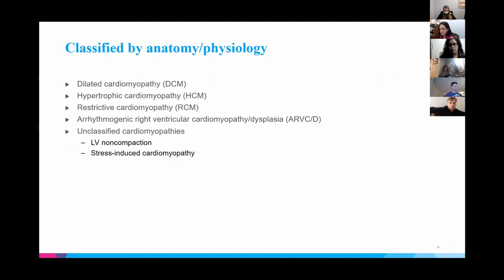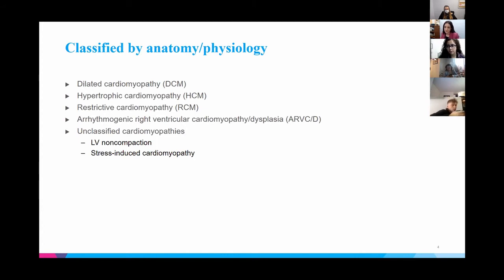So in 1980, when the WHO came up with this definition of cardiomyopathy, it then classified it by anatomy and physiology into dilated cardiomyopathy, hypertrophic cardiomyopathy, restrictive cardiomyopathy, ARVC, arrhythmogenic cardiomyopathy, the most well-known one being right ventricular, and then unclassified, which includes LV non-compaction and stress-induced cardiomyopathy.